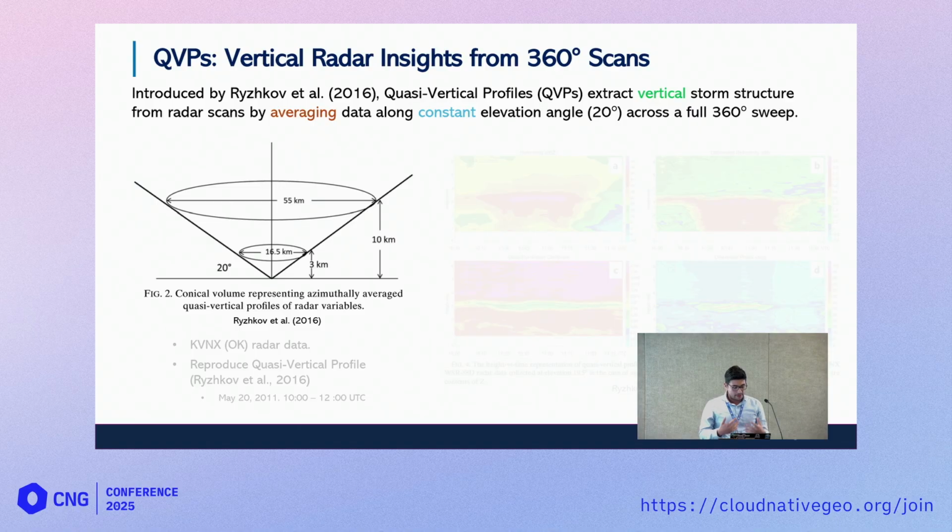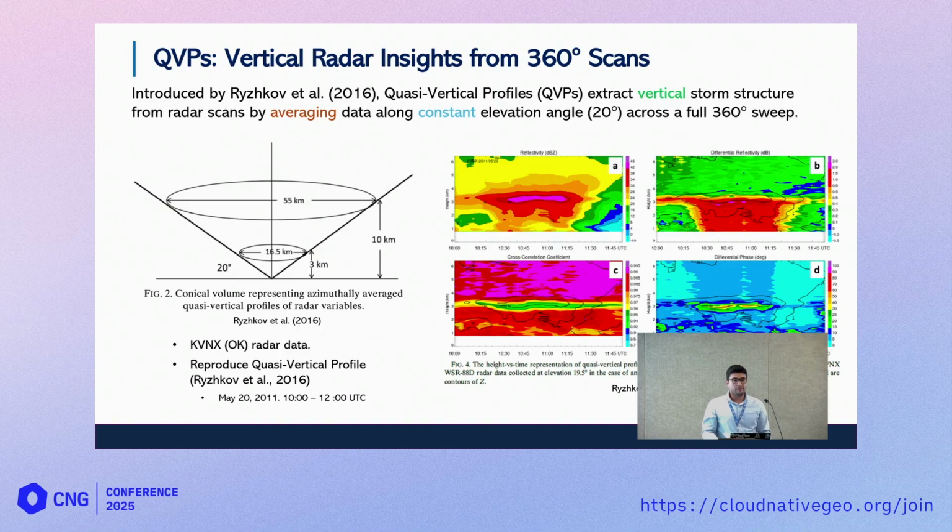What this does is give us information on the vertical structure of the storms, by usually taking the 20 degrees elevation angle, and then taking the average of radar data, could be reflectivity, could be cross-correlation ratio, or other variables, around the full 360-degree sweep. We can do this for multiple timestamps, and this will allow us to create a sort of time-height product. So now we can see the vertical structure of the storm.